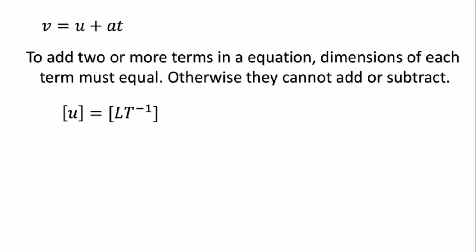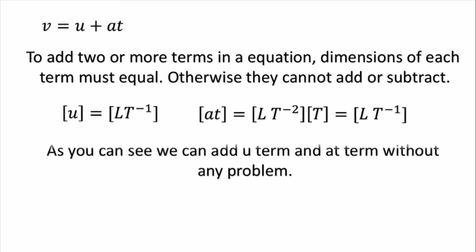Since u is a velocity, it has the dimensions of velocity. Then I consider the dimensions of at. Here a has the dimensions of acceleration and t has the dimensions of time. Finally I obtain the dimensions of velocity. As you can see, we can add the u term and the at term without any problem because the dimensions are equal in this case.